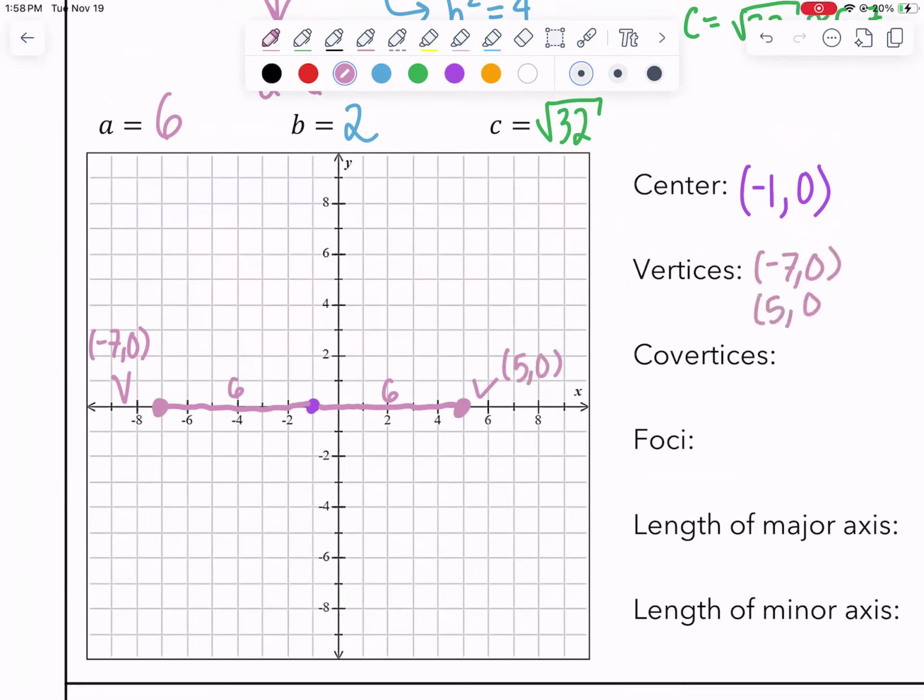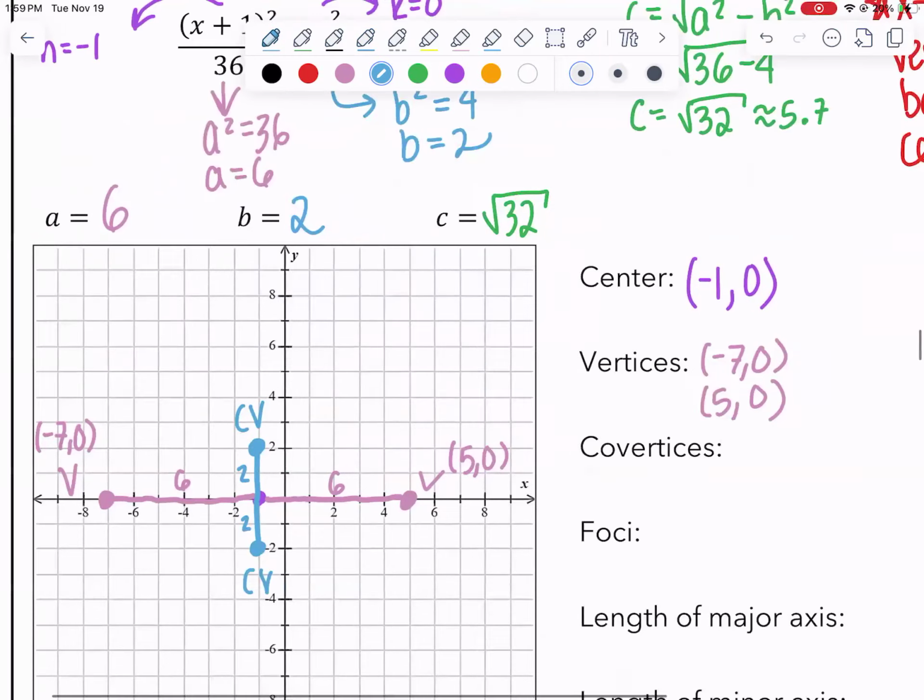Covertices, you use the b value. This one will be going up and down. So we'll go 1, 2 units up, plot a point, covertices, 2 units. Go down 2 units, plot a point, 2 units down, another covertex.